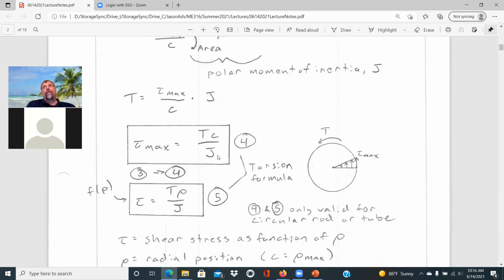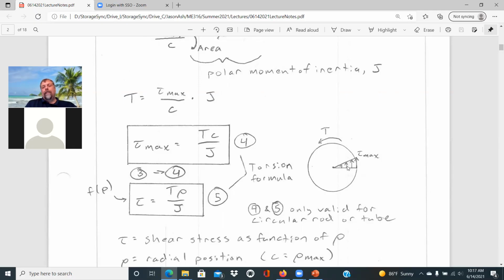Axial loading, remember, was equal to our force that's applied over the cross-sectional area. And now when we start looking at torsion, it's a shear stress that's developed based on the torque that's applied, the radial position, and the polar moment of inertia, which is, again, just geometry factors. Shear stress is a function of the loading that's applied and then geometry factors.